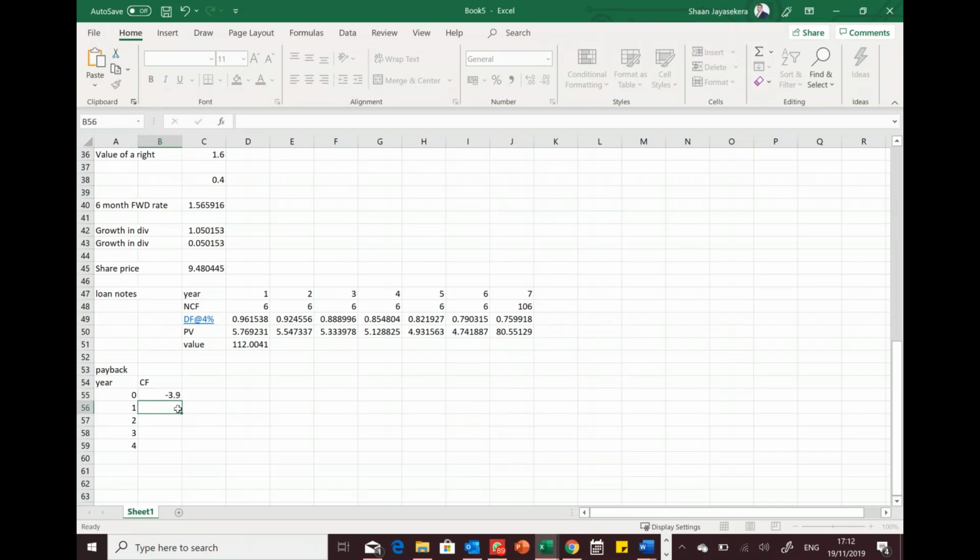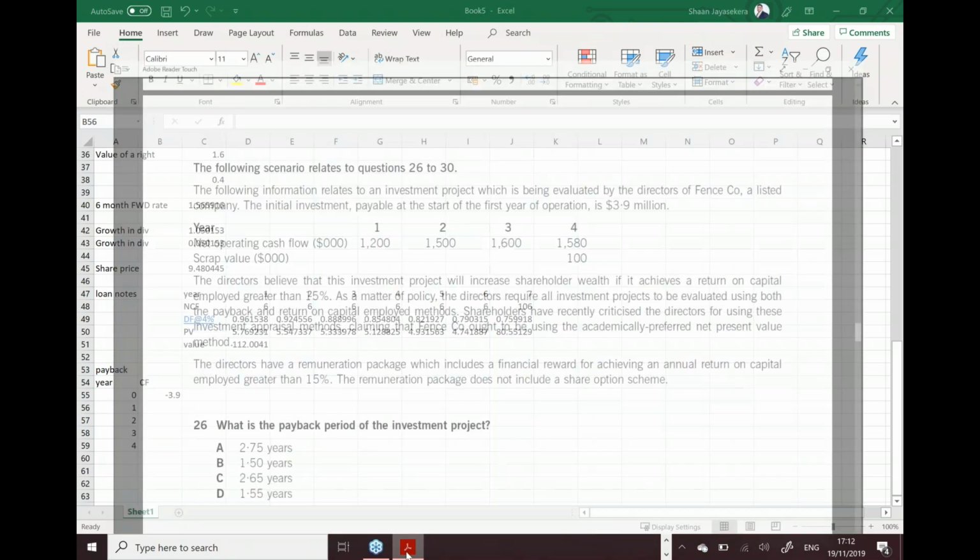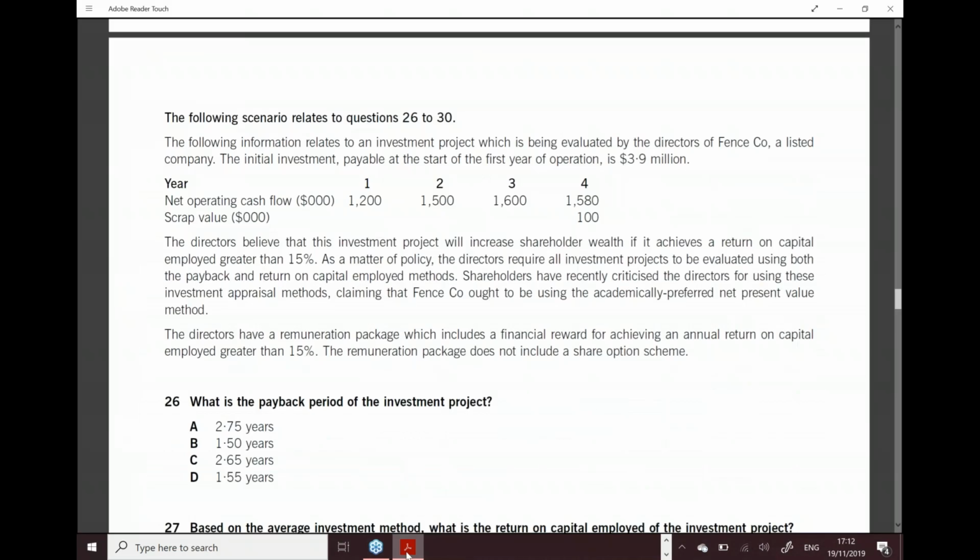In year 1, my cash flow in millions will be 1.2, correct?